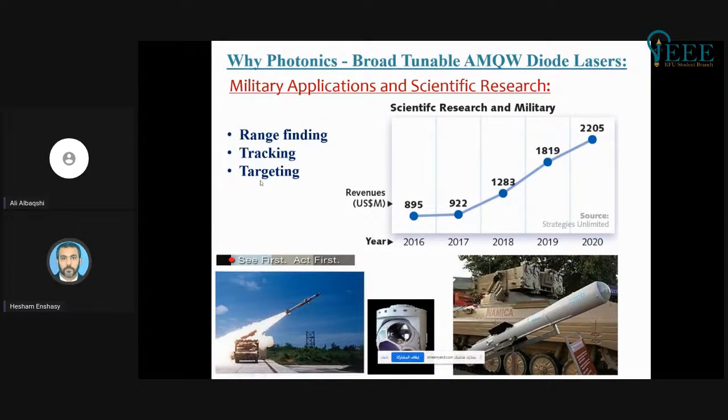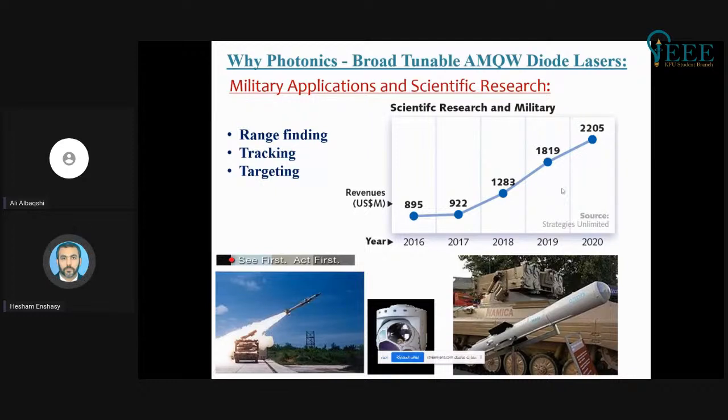So if you need your country to be advanced, you need to invest in this area. And to invest in this area, you need photonics, basically, to be well known in this field, because here is where you can make advances. The market share up to 2020 is $2.2 billion. So it's a big portion of it.